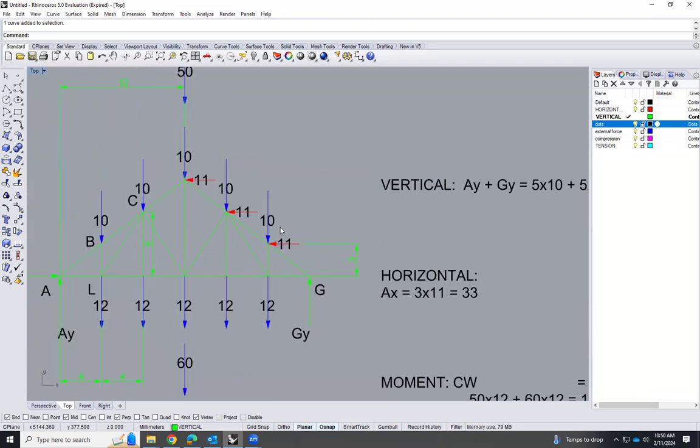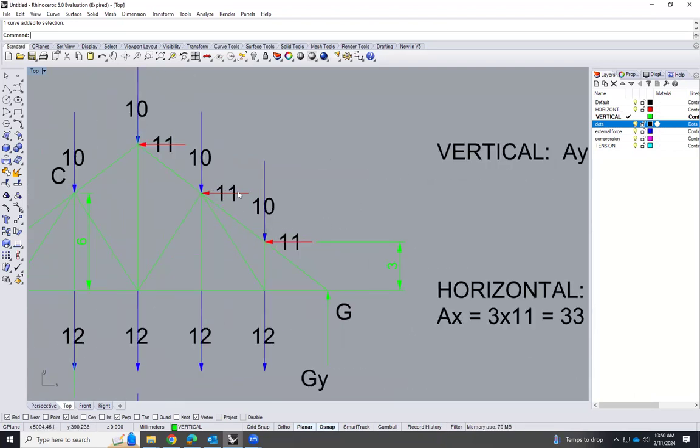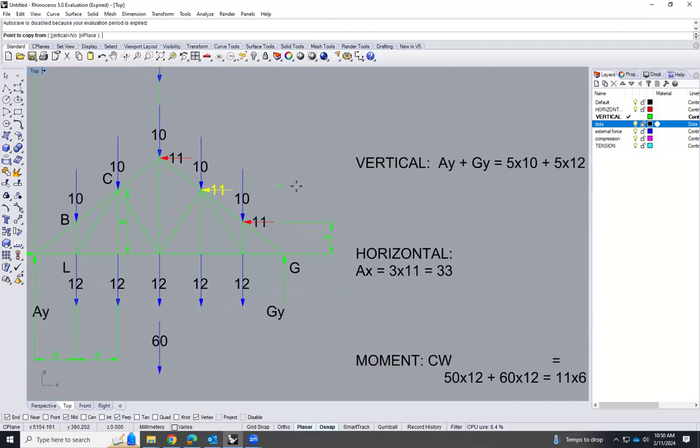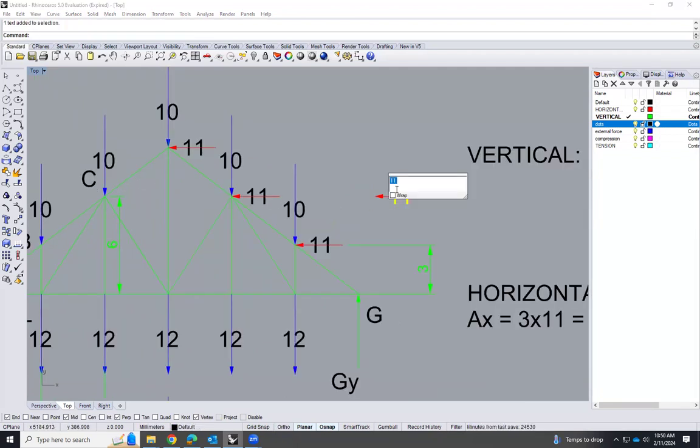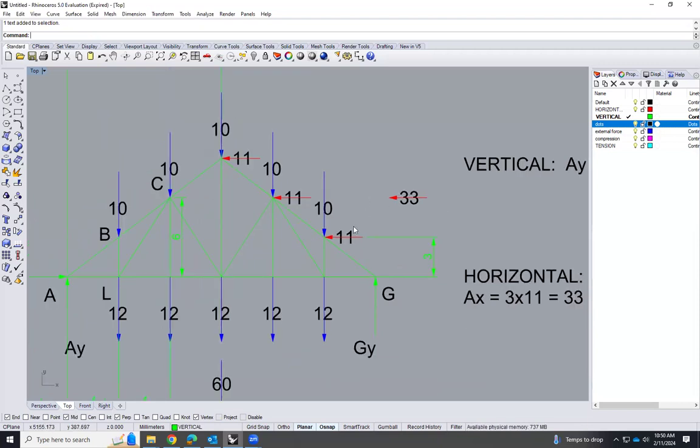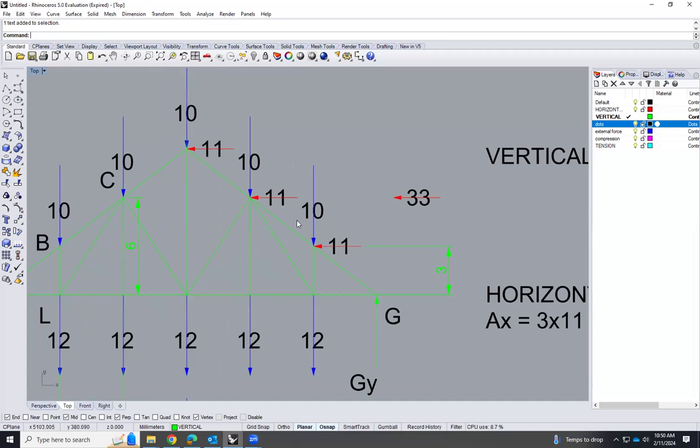And what about this? Okay, so first we need the resultant. If there are 3 forces going in the same direction, the resultant is the sum of the 3 forces. And what is the action line? The action line is the symmetry. So where is the symmetrical line?